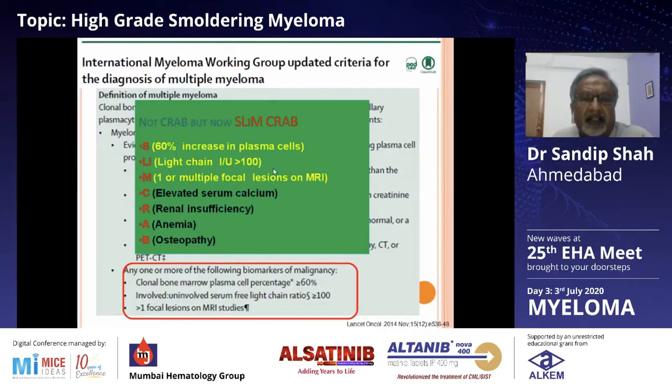Again, these are ultra high risk smoldering myeloma, which were in the new classification in 2014. Now we treat them as myeloma because they have myeloma defining events like more than 60% plasma cells, free light chain ratio more than 100, and on MRI or PET CT one or multiple focal lesions.